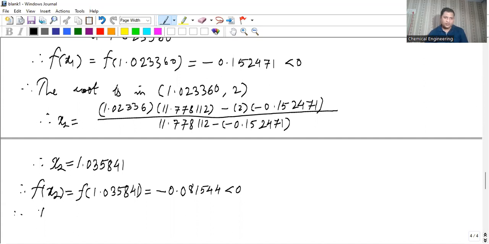So we can say here, the root is in. So now compare this value. This is minus 0.15 and this is minus 0.08, which is closer to 0?